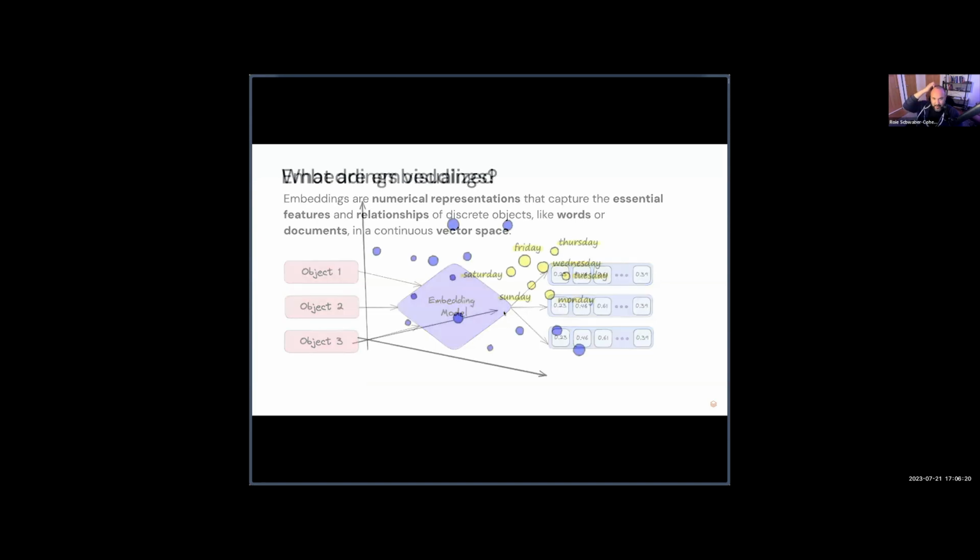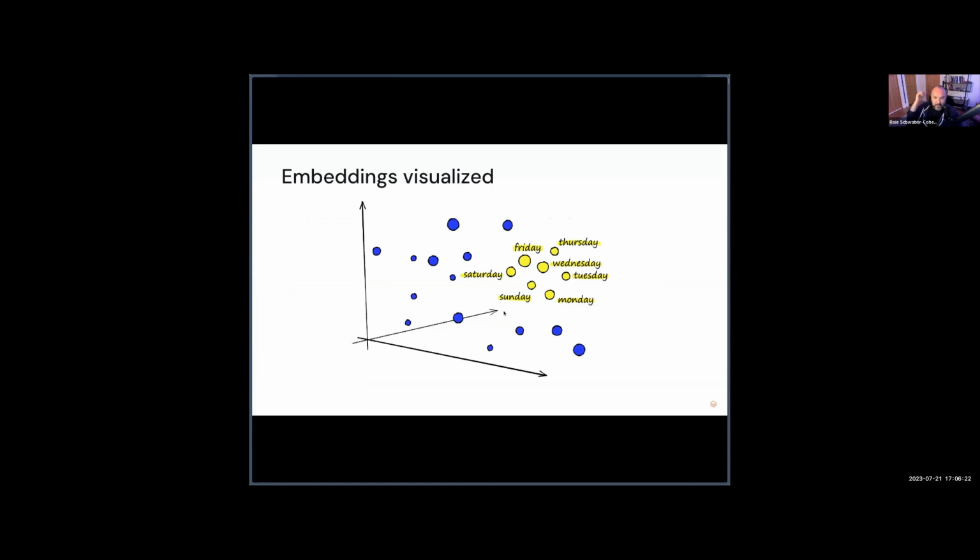To get a little bit of a more visual understanding of what that may look like, here we have a bunch of vector embeddings in this 3D space, and these yellow embeddings represent terms that have some semantic correlation to one another. So in this case, it's the days of the week.